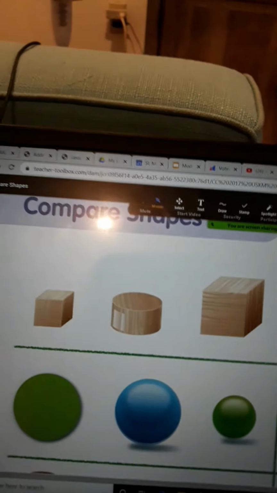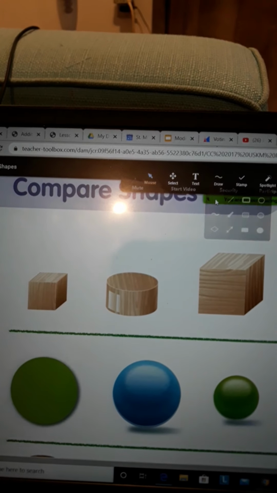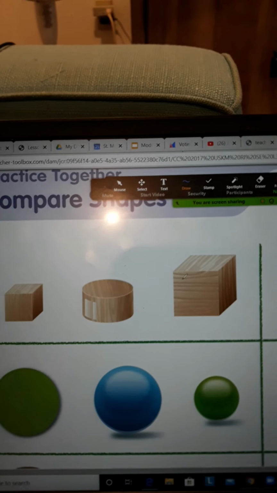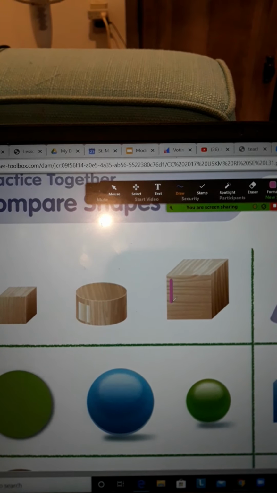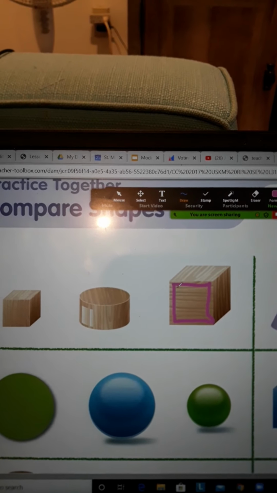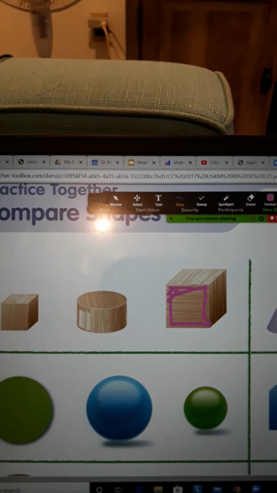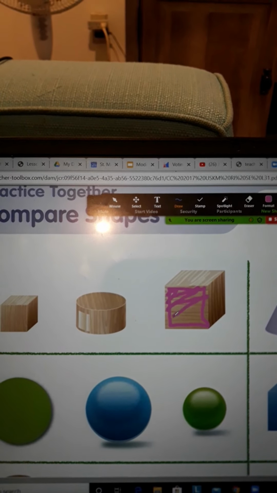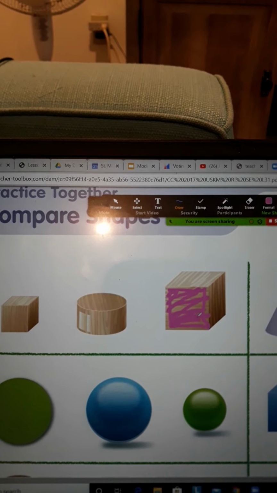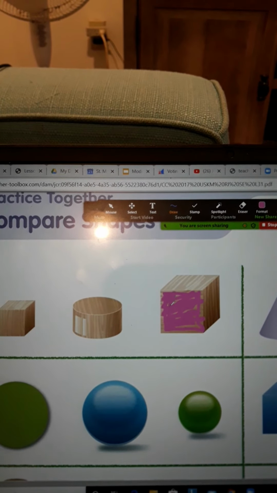These are some good shapes to do that with. I'm going to draw on it, and let me pick a different color, pink. Right here, this is a face. This is a face. So the face is like this square, this flat part of the square, our cube.